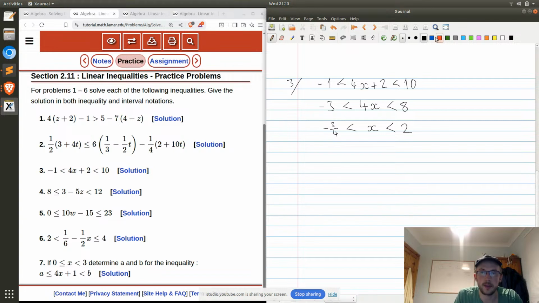So that's inequality notation, but you want interval notation as well, right? So put negative 3/4 on the left and a comma, and 2 on the right, and put them in a pair of round brackets, because you do not include those 2 end numbers. And there you go.